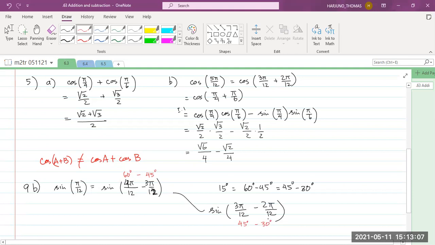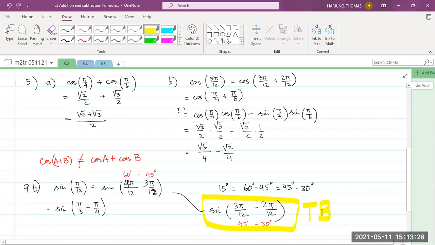There are two different ways to approach this, and you will get the same result. Let me rewrite this as sine pi over 3 minus pi over 4. Our textbook actually gives you the hint for this one. That will be the same. You can use either one.